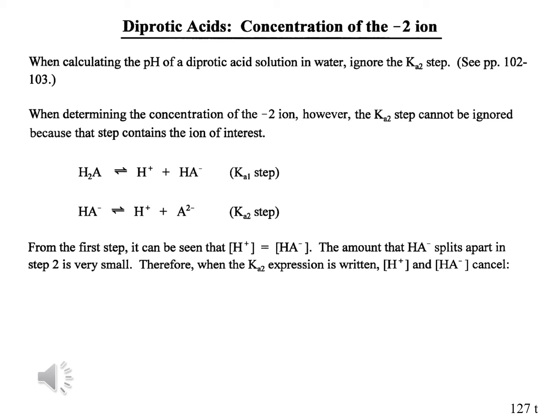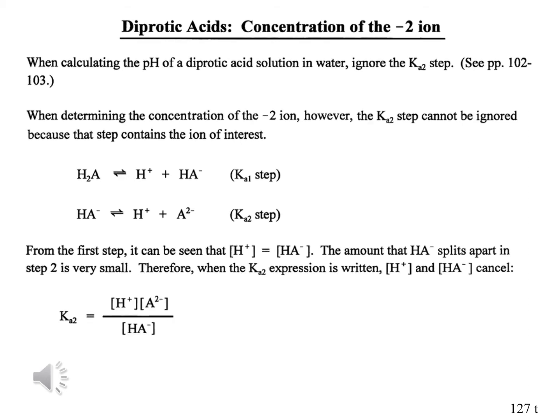So you can assume that the concentration of H plus and HA minus are going to be equal throughout the experiment. The thing is, A2- is not in the first equation, and so you're going to have to write the Ka expression for the second step, not the first one. So if I use the second step and put products over reactants, this is what it looks like.